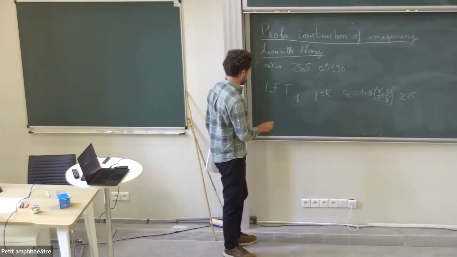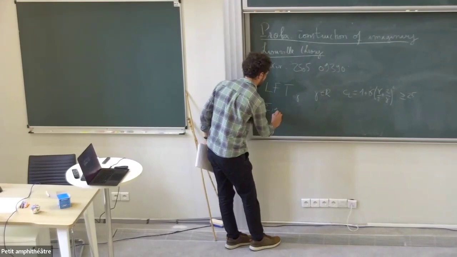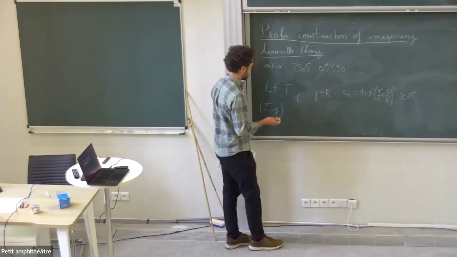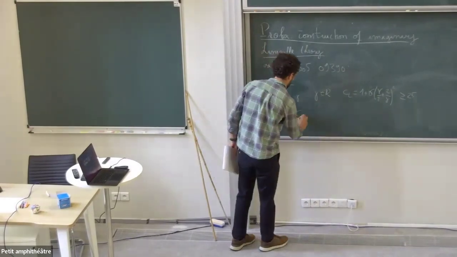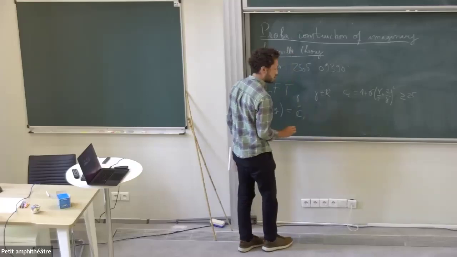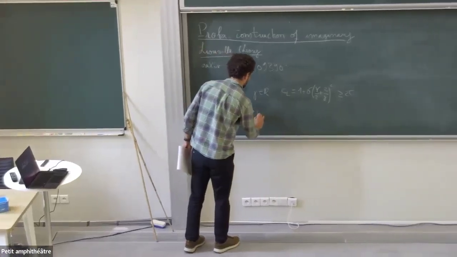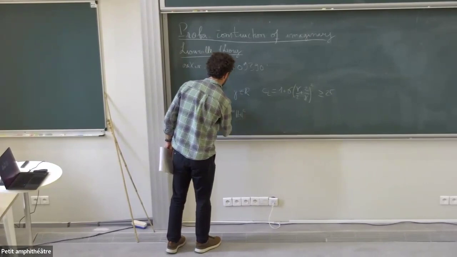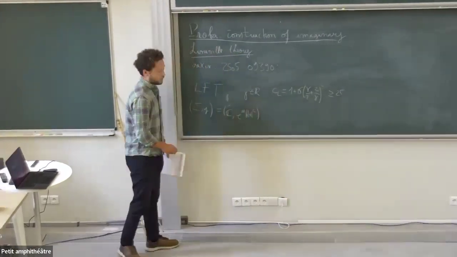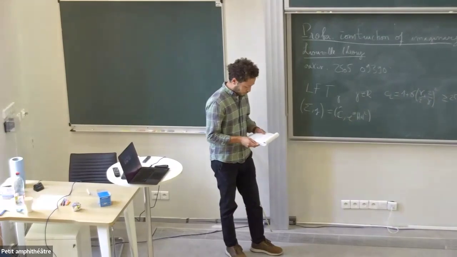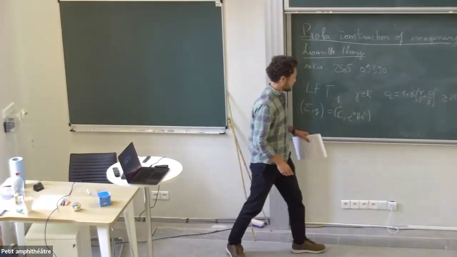In this talk, the Riemann surface will be fixed for simplicity. I will take the Riemann sphere with a metric which is conformal to the flat metric. It will be quite unimportant in the talk.